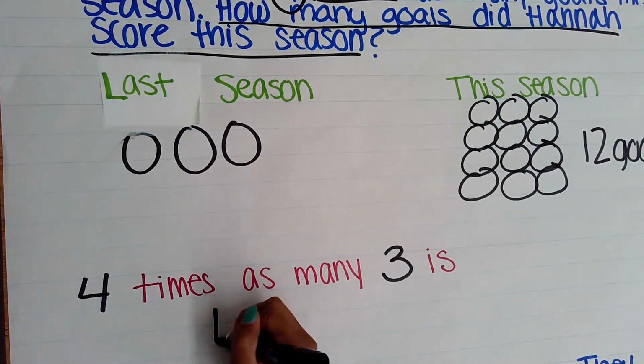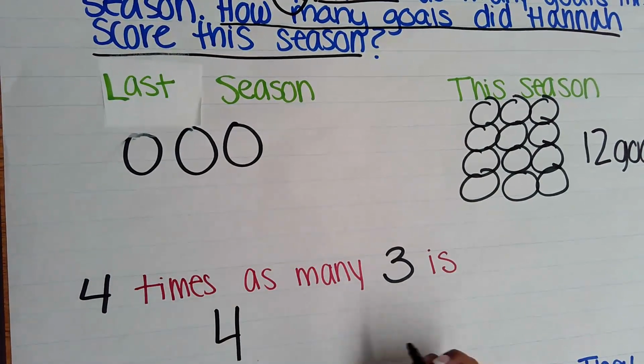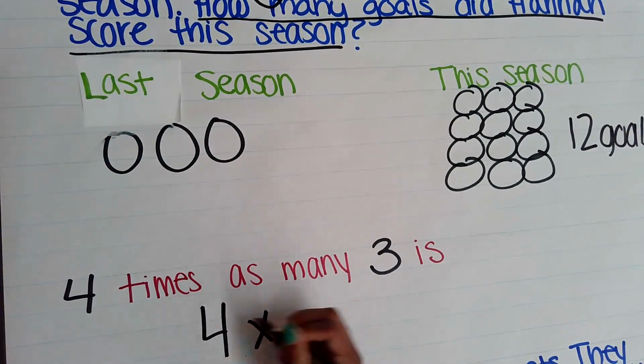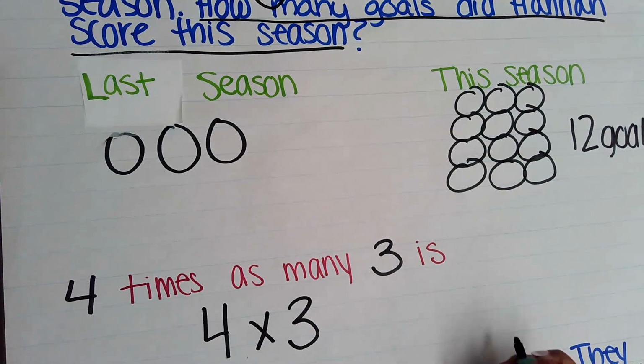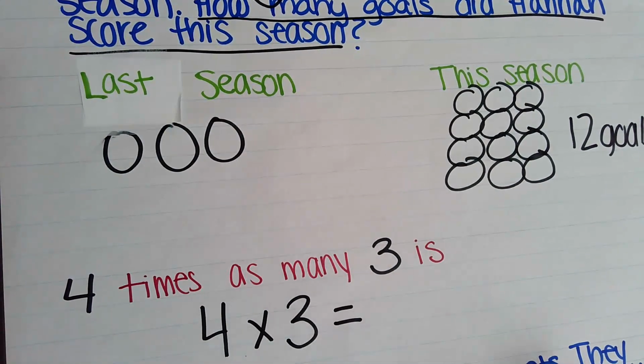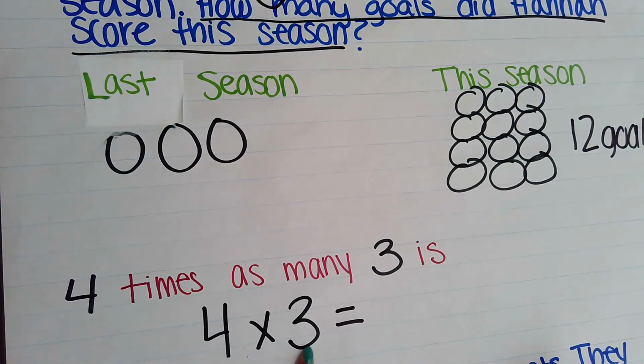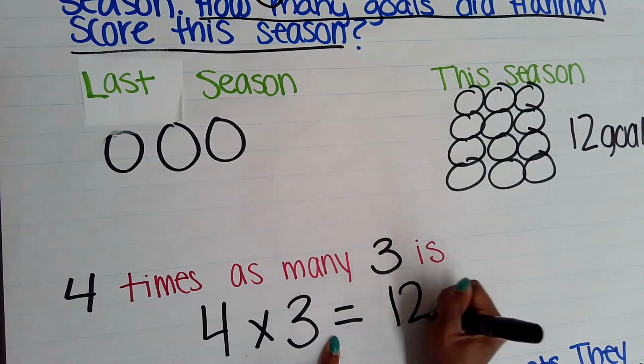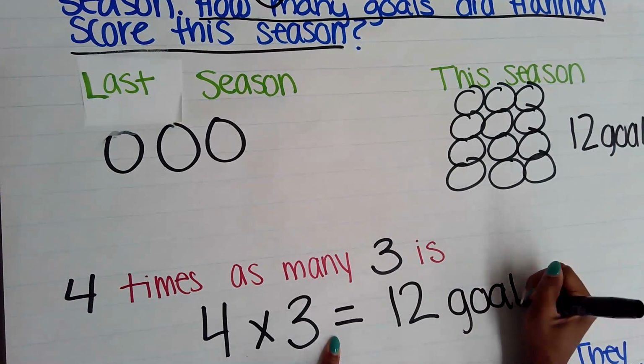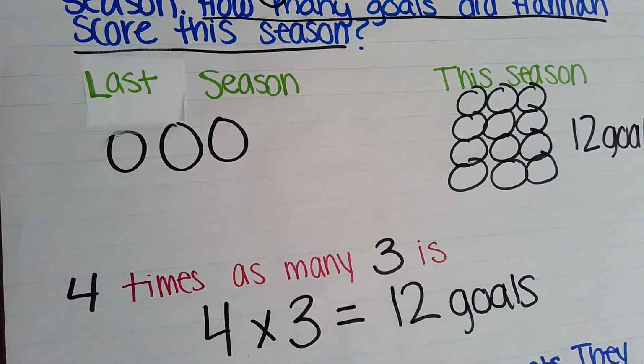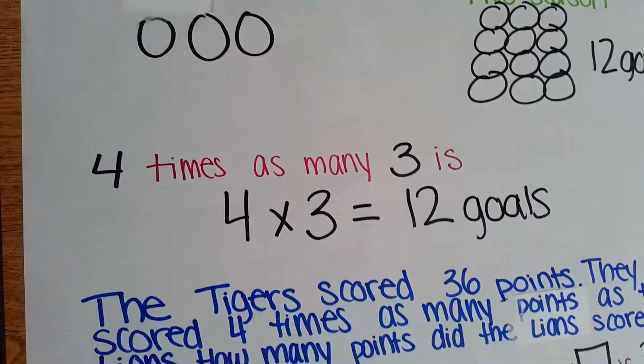So I can bring down my 4. Times we know means to multiply. So I have 4 times 3, and my equal sign. So I want to think 4 times 3 is 12. So again, we get that 12 goals this season.